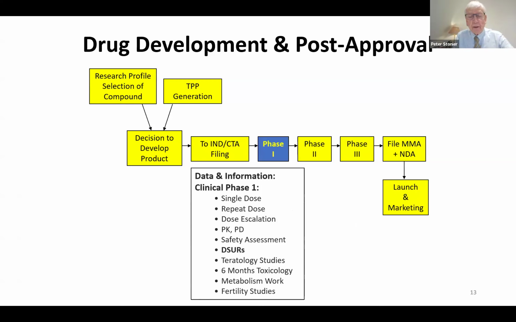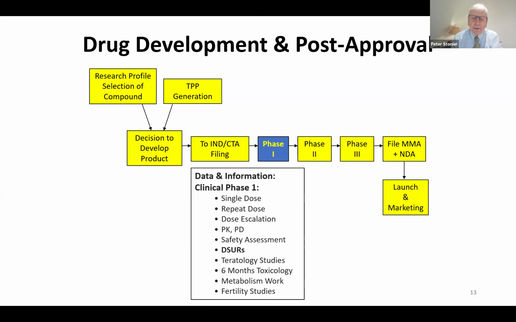And then we can start in clinical studies, and again, these are familiar to you, I'm sure, going through the phases of clinical work. Phase 1, usually in healthy volunteers, except in oncology, obviously, when patients are used.